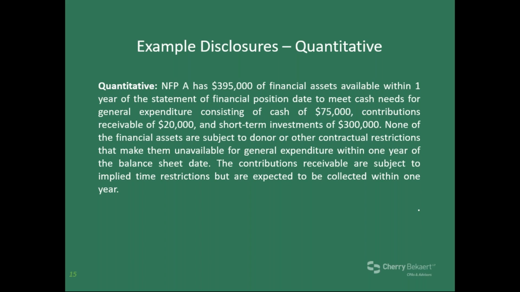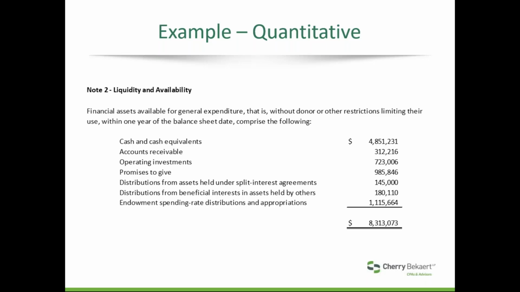The next example is how to do that in more of a table format. And here's an example of how to do that in a table format. You can see basically listing the assets. One of the things we want to point out here is that this is only one example of this liquidity and availability footnote. First of all, this presentation is really a net presentation.